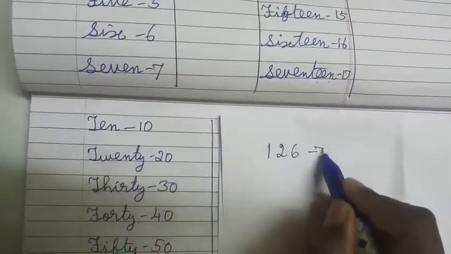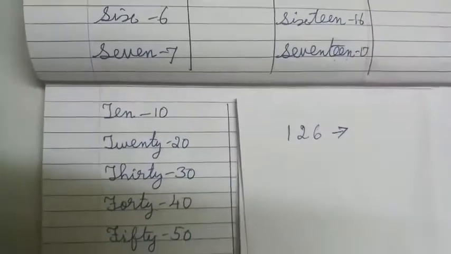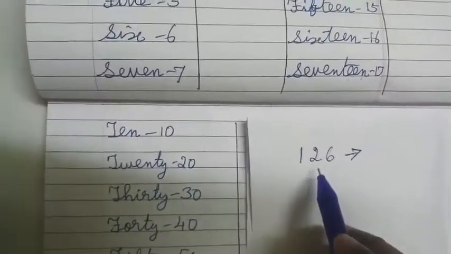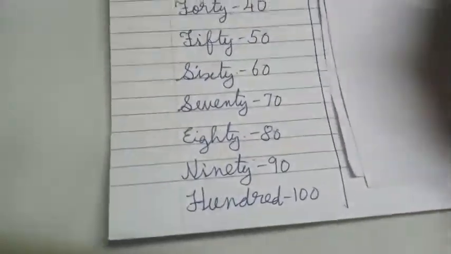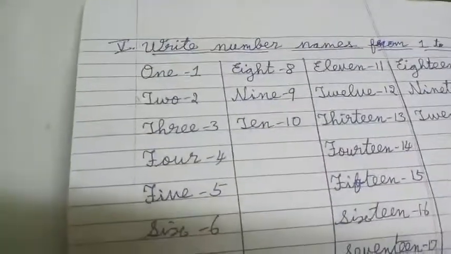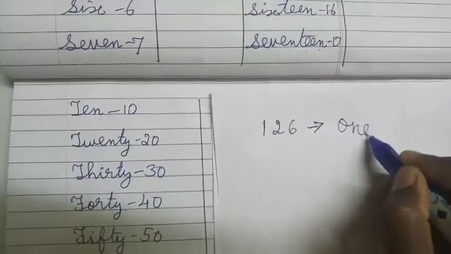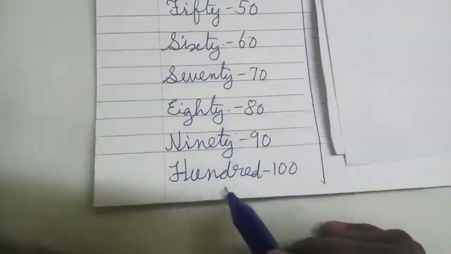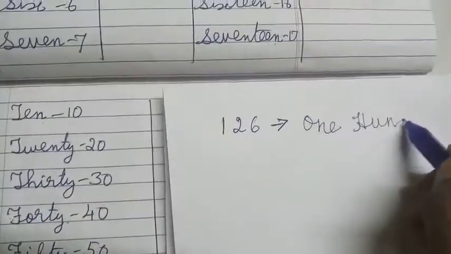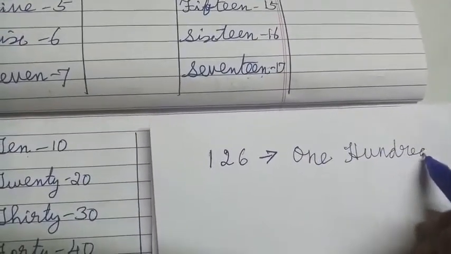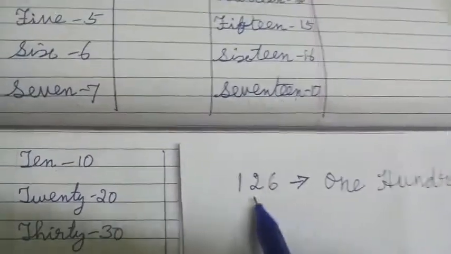126. Okay, 126. Can you write the number name for this? Yes. Where is 100? 100. Okay, one spelling. Where is the spelling for one? O-N-E, 1. Where is the 100 spelling? H-U-N-D-R-E-D, 100. 20.